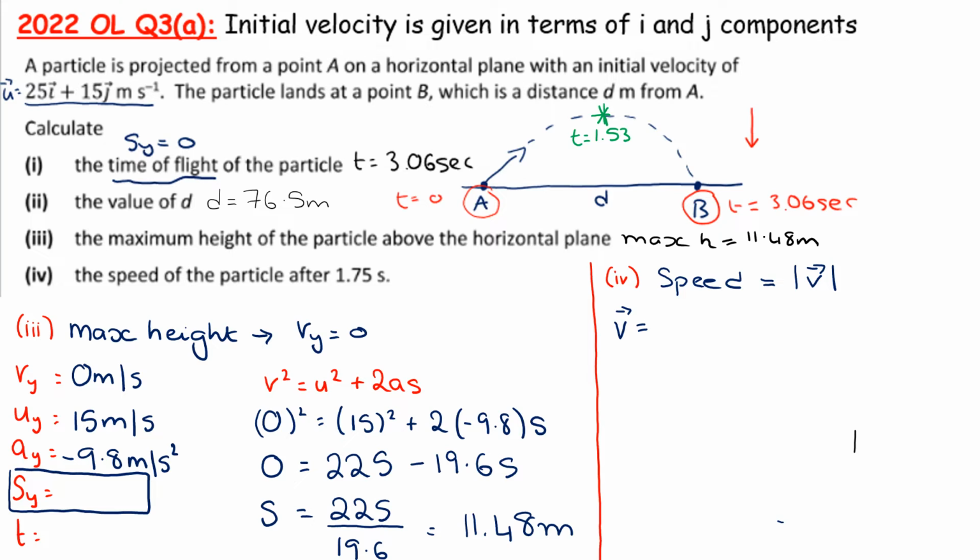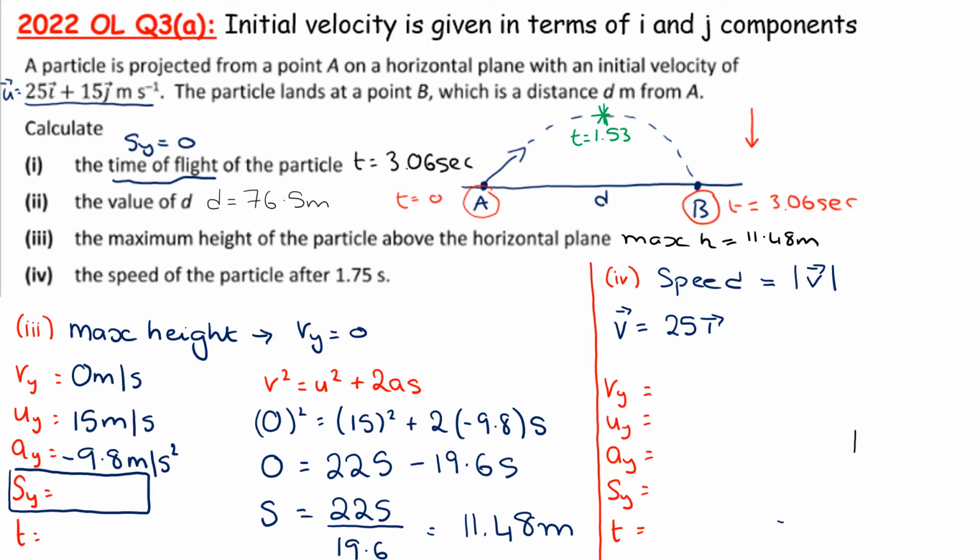Now the i is very straightforward because, as we said, the i piece actually doesn't change. That velocity is going to stay exactly the same because there is nothing acting in a horizontal direction. The j piece we're going to have to work out. So we come back to our v, u, a, s, and t for y, and we need to figure out our velocity.